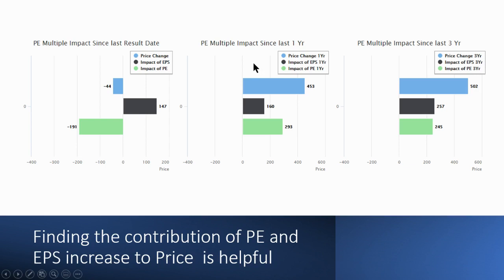Similarly, on a 1 year and 3 year time frame, this data is available. It will be a good judge whether the PE multiple has risen ahead of EPS or otherwise, and you can take a better position based on this data.